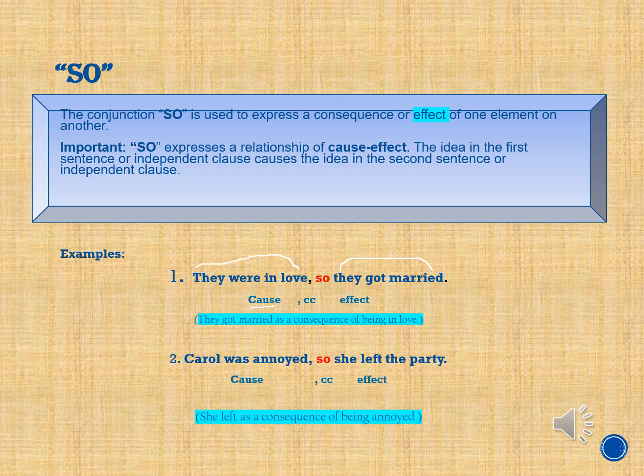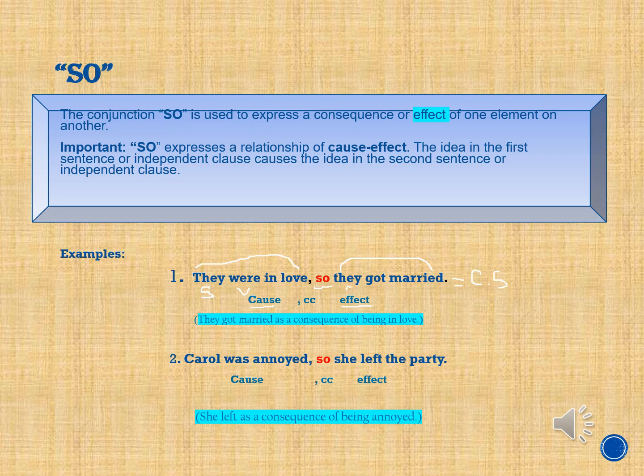Then I have my coordinating conjunction. So they got married. This is the result. This is the effect. They got married. They is my subject. Got is my verb. Can you see it?